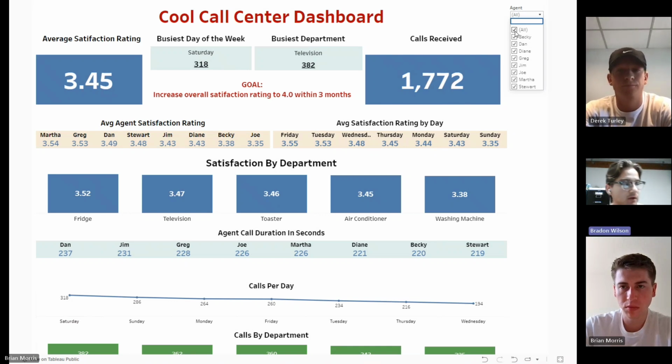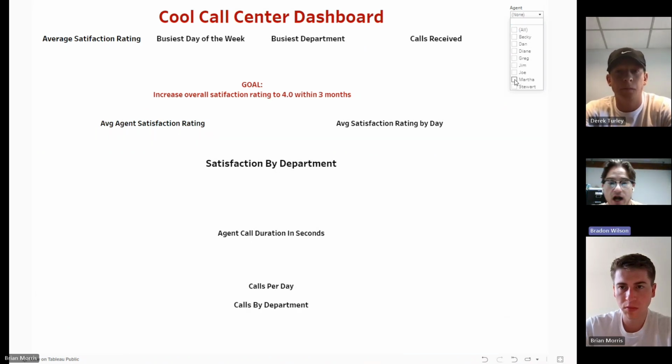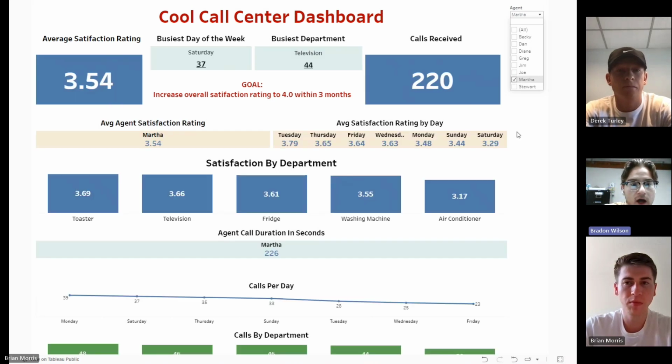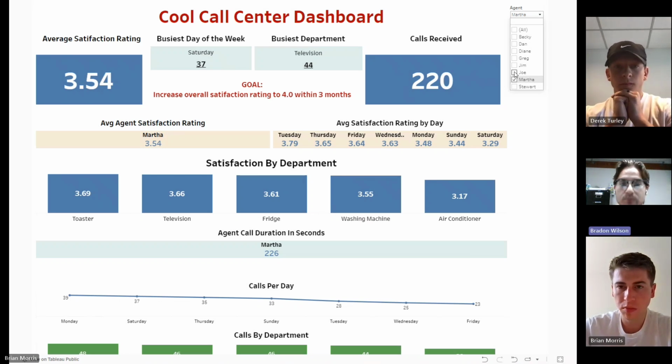And moving on from that, our highest performing agent would have been Martha. And that is just based on the overall data. She ranks in the top 3 in calls received and her satisfaction rating. So she's not top tier and she's not the number 1 in either of those. She's top 2 to 3 in both.